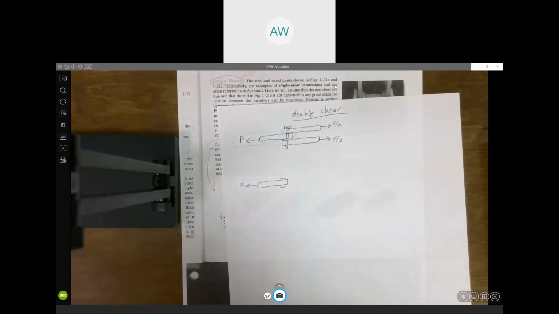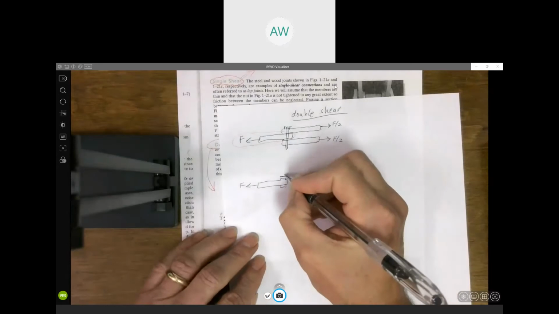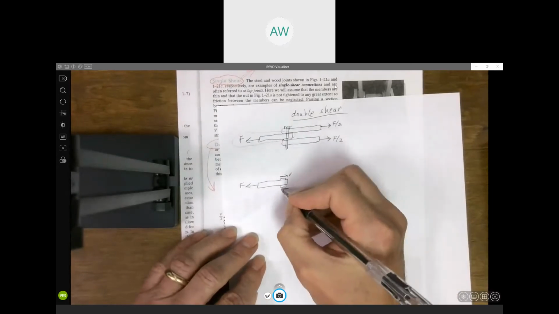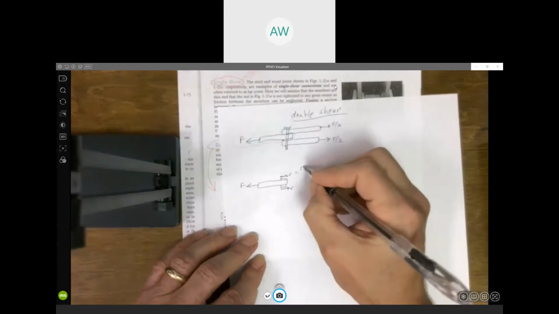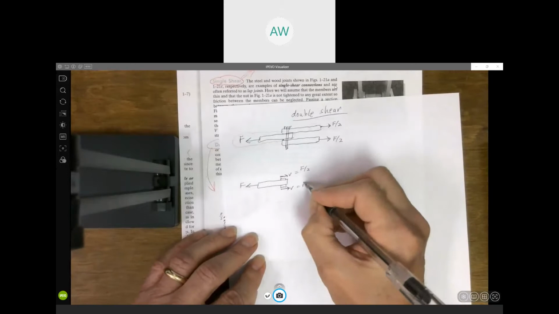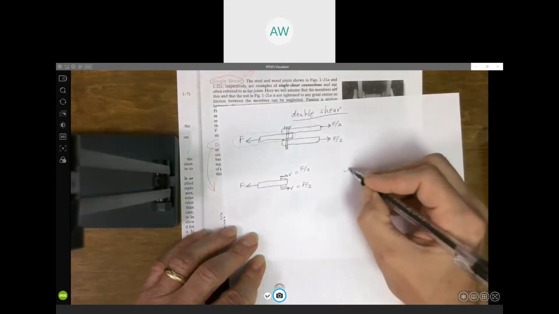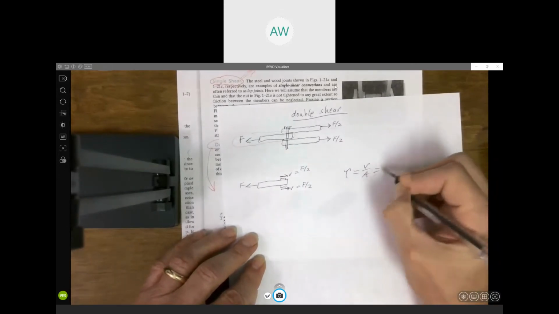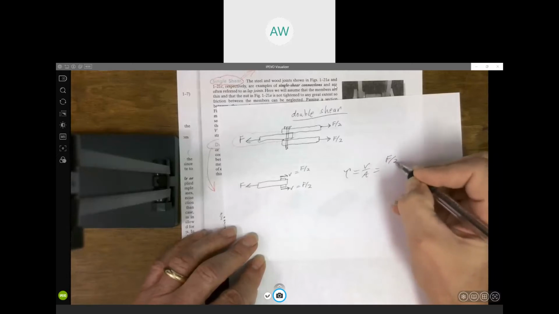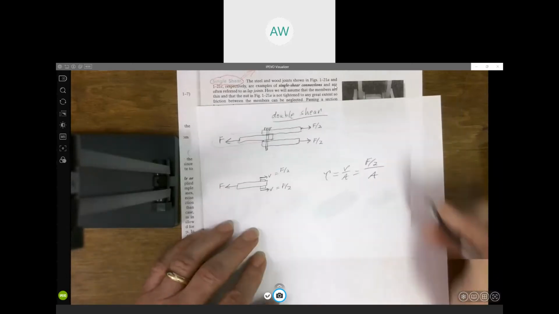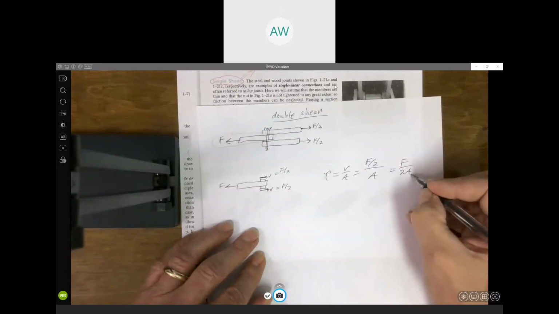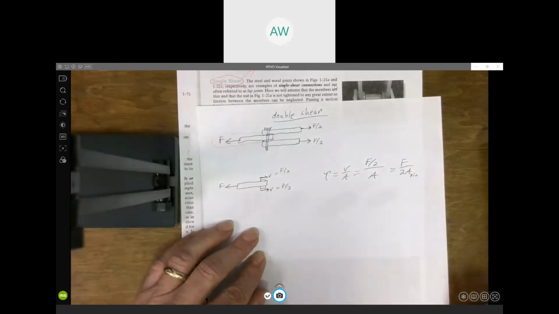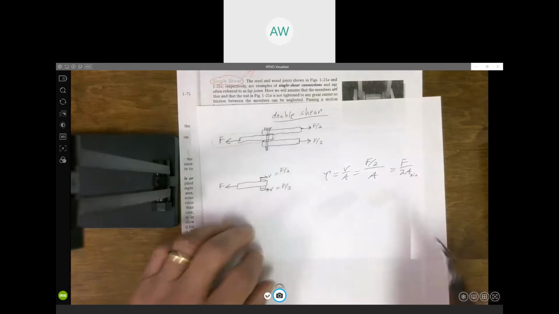You've got to slice through it there, you got to slice through it there. So V here has got to be half of that force F. When you're doing tau equals V over A, again, it would be F over 2 divided by A, or F over 2A. And again, that A would be the cross-sectional area of that pin. Here, F would be that force applied.